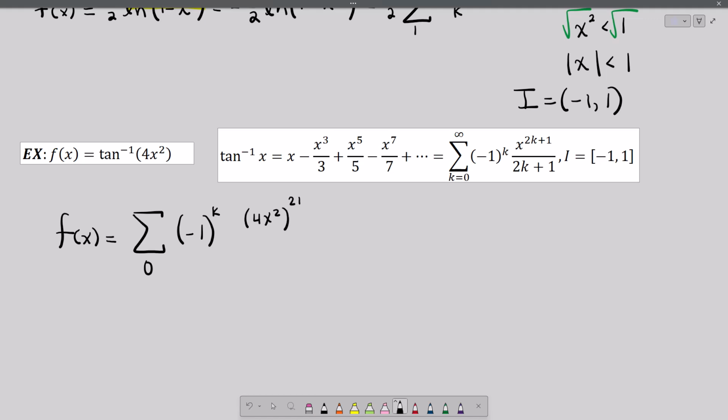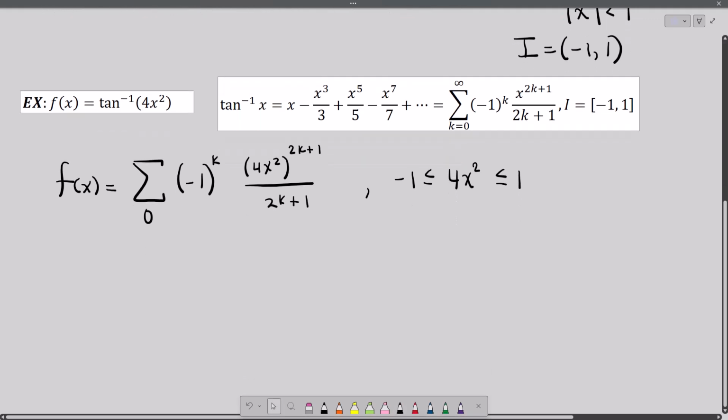So 4x squared to the 2k plus 1 divided by 2k plus 1. Then we have to go to our IOC and replace that. The original IOC includes both endpoints, negative 1 and 1. And we're replacing with 4x squared in the middle. So that's going to be our modified interval of convergence.